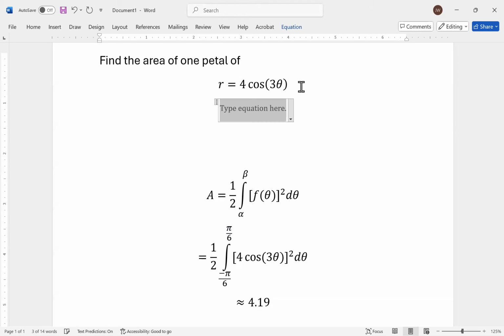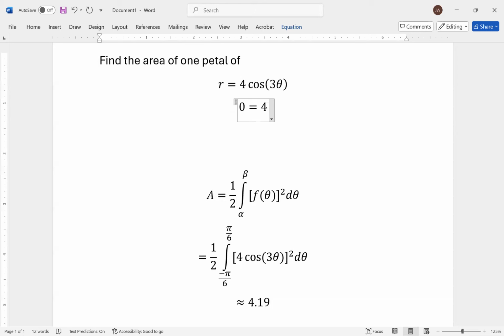In this case, I said it was easiest to see the start and end of a single rose petal if r is 0. In other words, if we were at the origin.